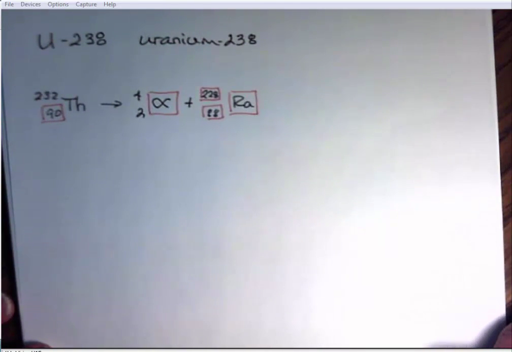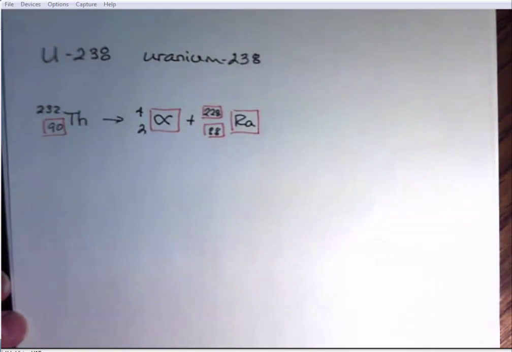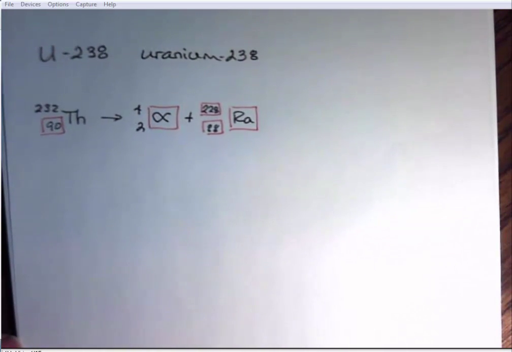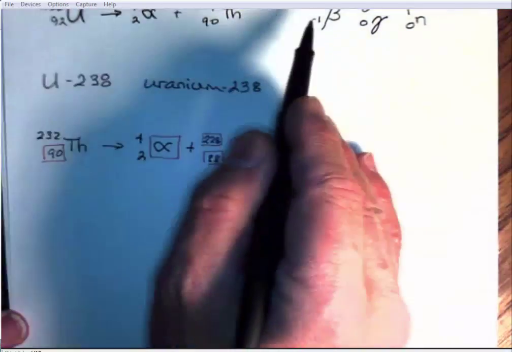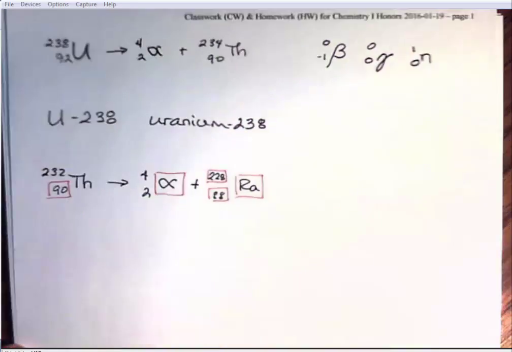I want to be clear about how you tell the difference between decay and then say fission and fusion. All right. So decay means we have little particles coming out. These are all little alpha, beta, gamma, neutrons.